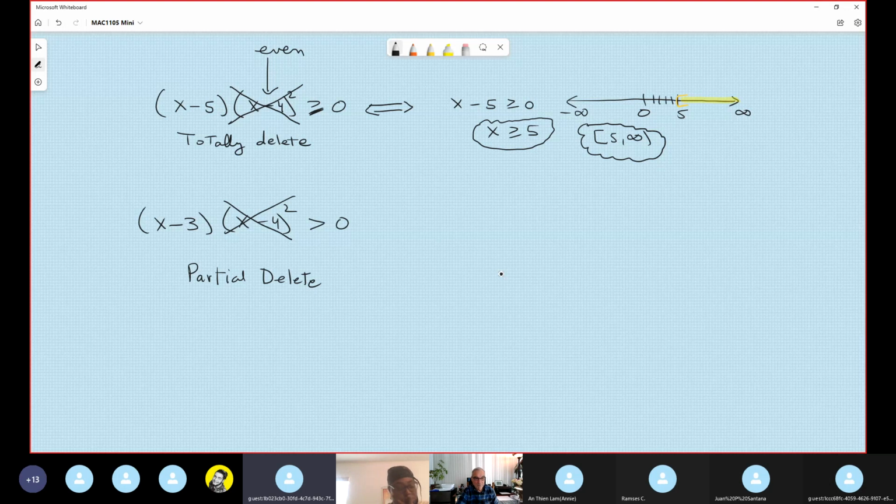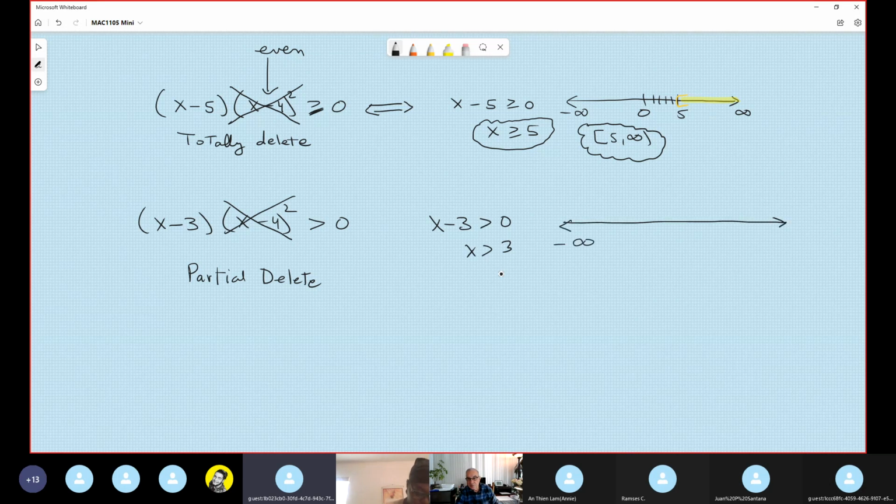Well, you take x minus 3 greater than 0, similar to this. You solve this, it is 3. When you are doing a representation, this is 0, 1, 2, 3. I know that our interval is from 3 to infinity.